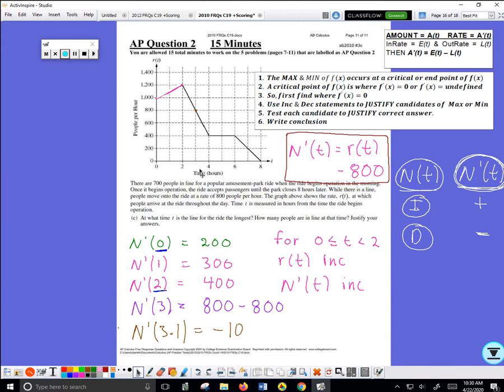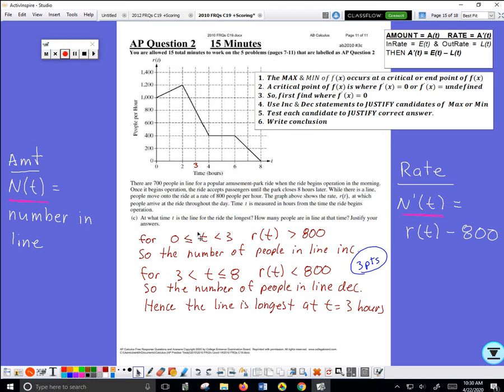And then from hour 3 until hour 8, because the value of r on the graph is always going to be less than 800, it's going to cause n prime to be negative during that time period. Good. And so that's why the answer you now see on the board in brown was the correct way to determine at what time the line is the longest.